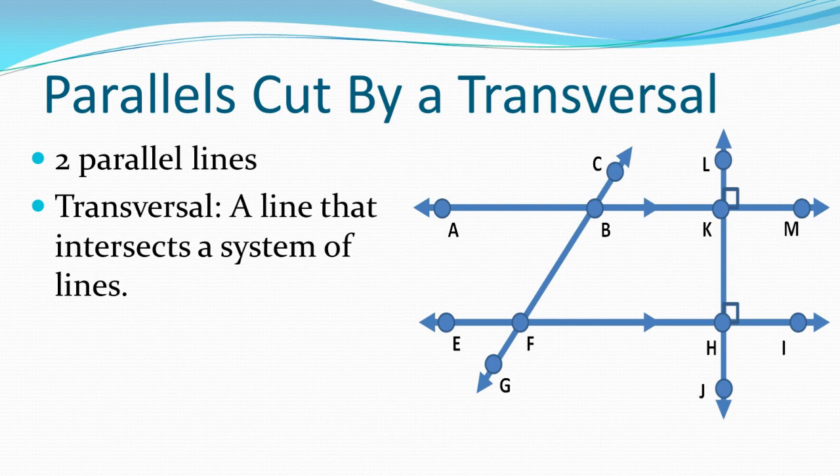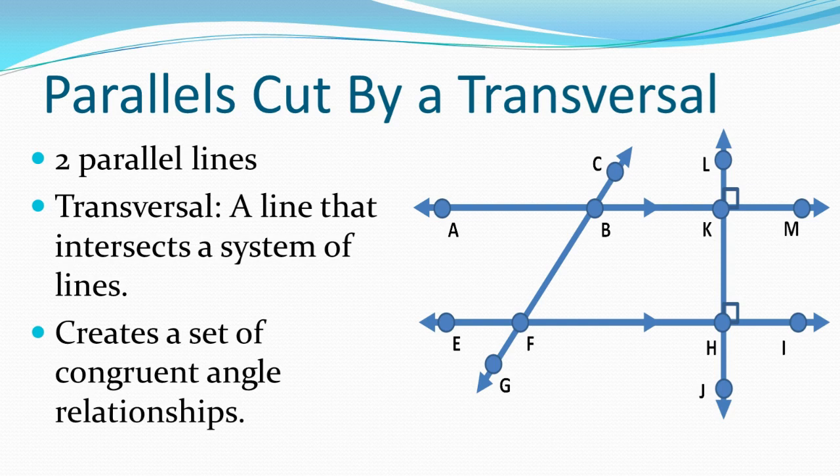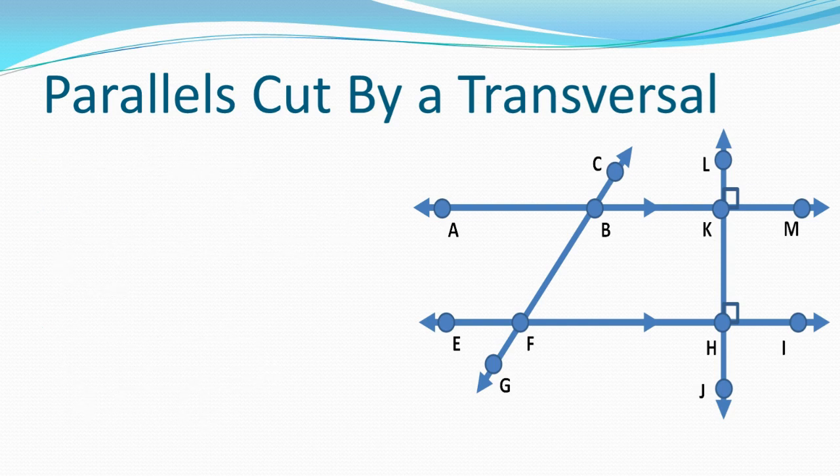So we have two parallel lines, AM and EI, and we have two transversals in this case, line GC and line LJ. They are crossing both of the lines in the system. When we do this, it creates a whole set of congruent angle relationships, only when we're taking parallel lines and cutting them by this transversal.